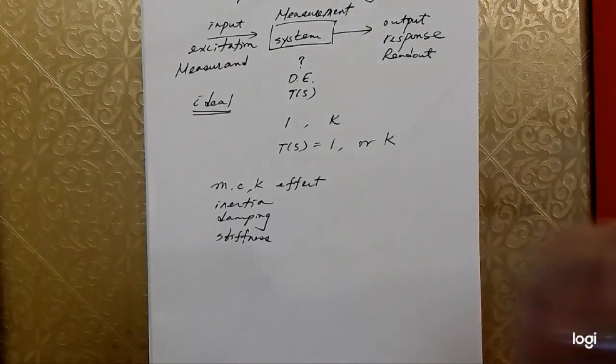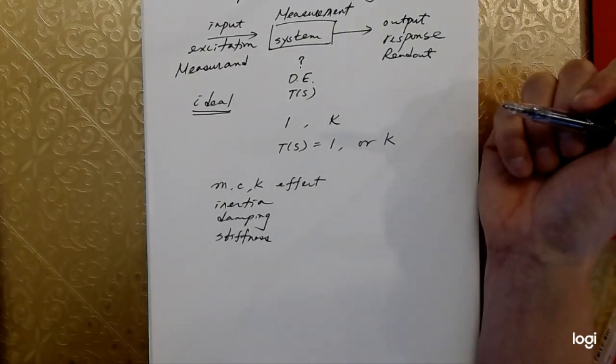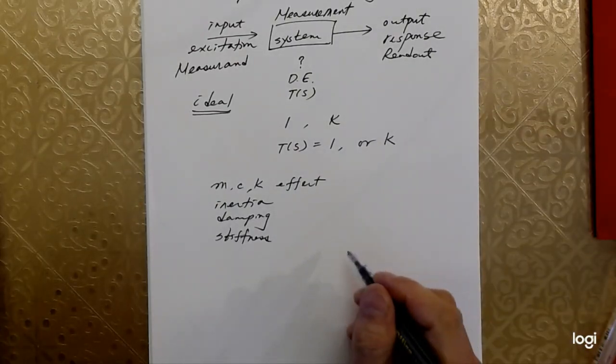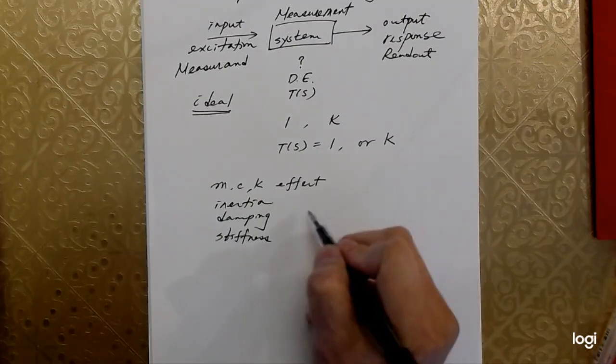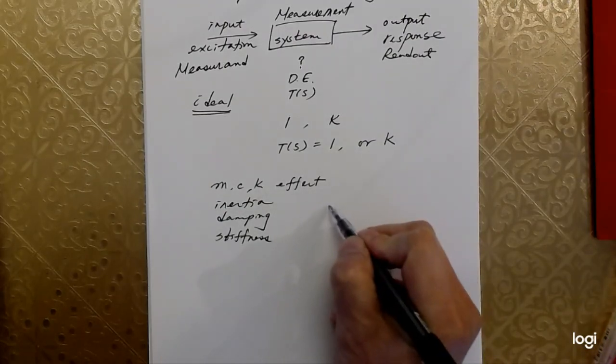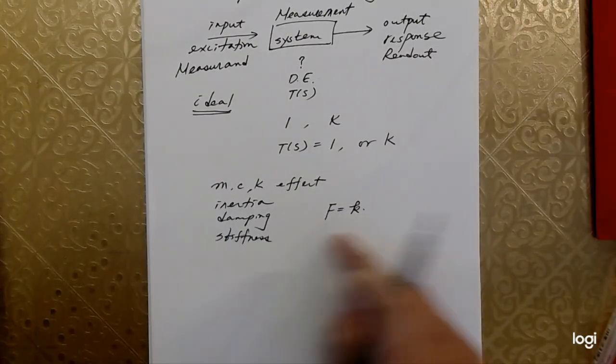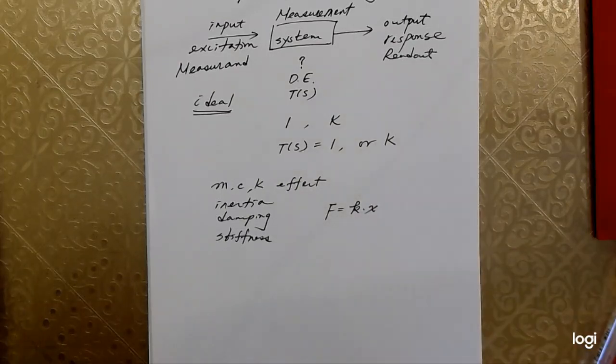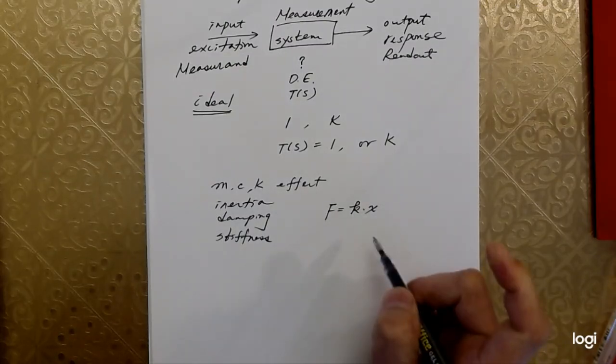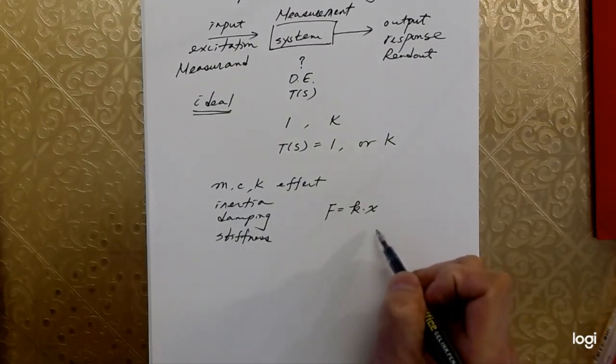So for example, for an ideal spring or linear spring, force is proportional to deflection, K times X. But when we do this, we are assuming that there's no inertia.